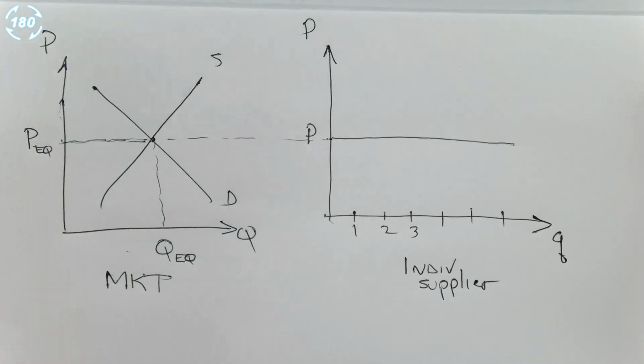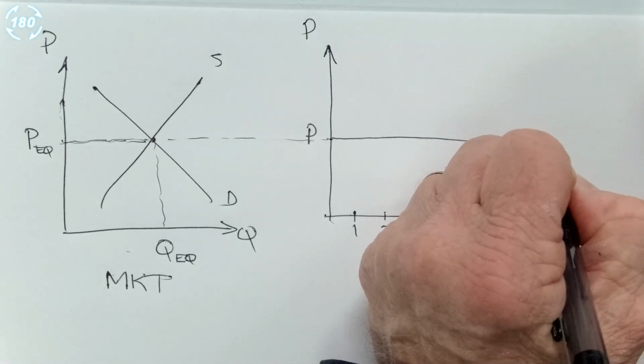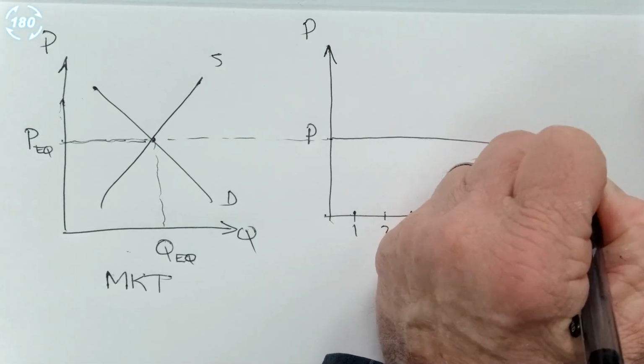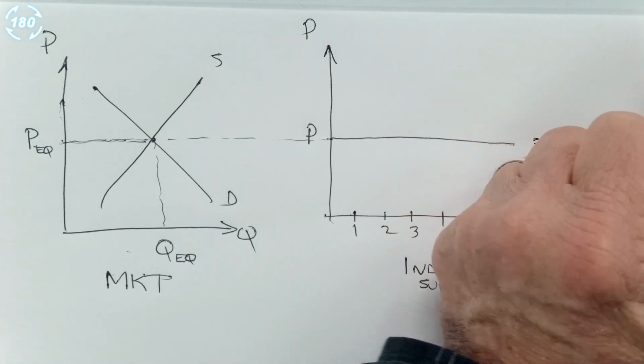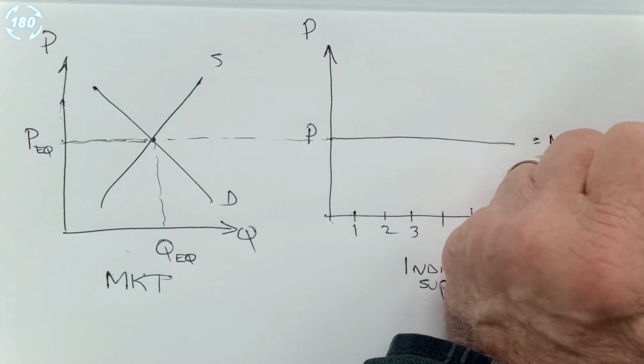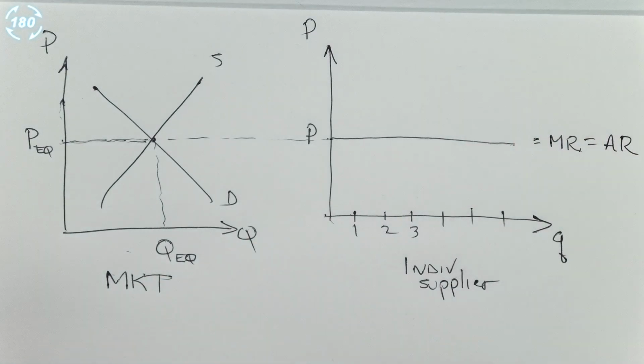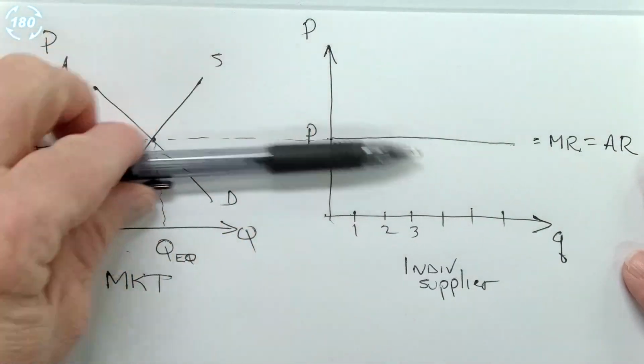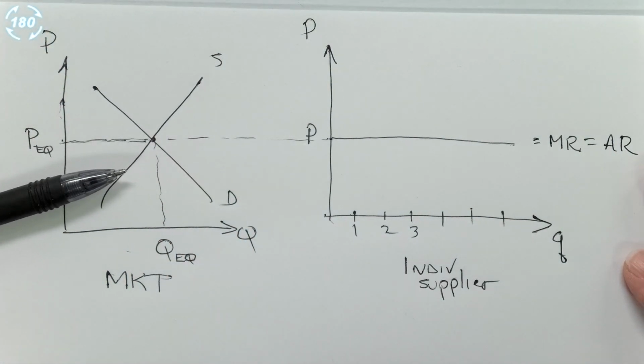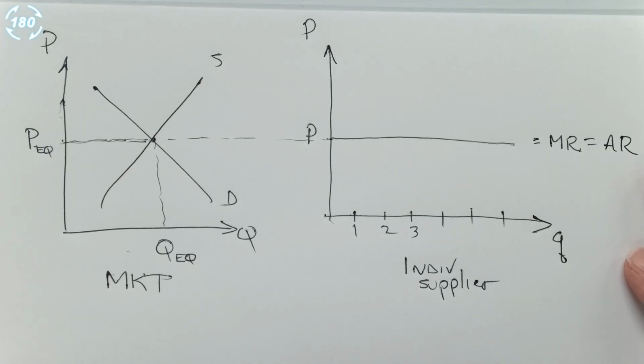Not only that, but I'm going to claim here that this curve also equals the marginal revenue curve and the average revenue curve, AR and MR, both of these. All three things are represented by this horizontal line whose position here is determined by the intersection of these two curves in the marketplace. So let's look at why each of these things are true first off.